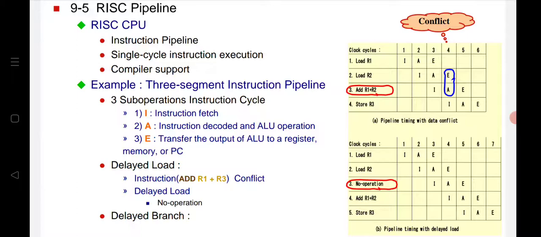In the fifth clock pulse, when add R1 plus R2 is under instruction decode and ALU operation, registers R1 and R2 are already loaded with their values. So it performs the ALU operation and then executes. By this we reduce the conflict. So we produce a delayed load with a no operation, and we add it to our instructions.